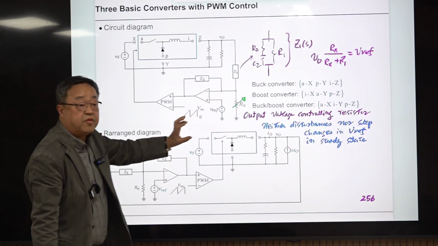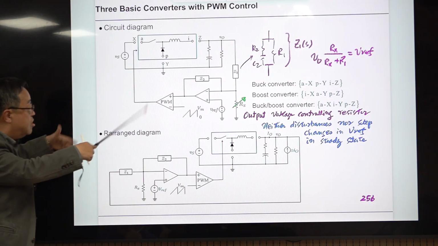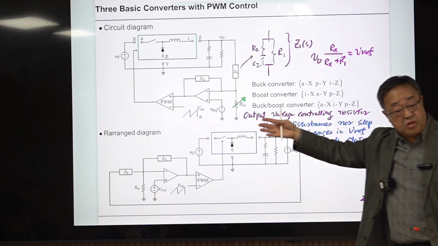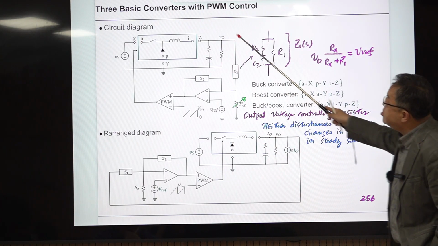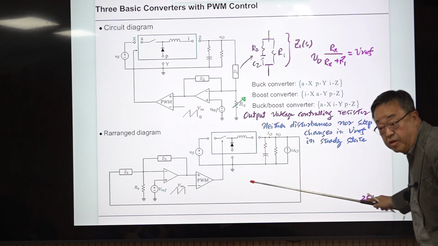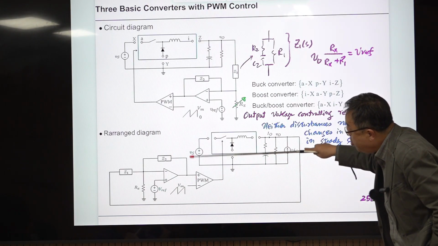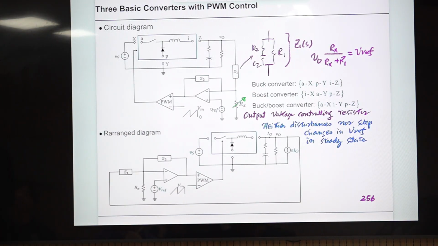The command signal is 0 always. Just redraw this and rearrange this in the form of the previous conventional feedback system, then it looks like this. This whole thing is just a plant, and this is a plant, and this is the feedback controller, and the plus terminal is VCOM. The command signal VCOM here is 0, is fixed.